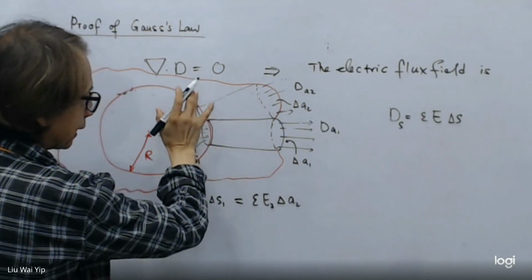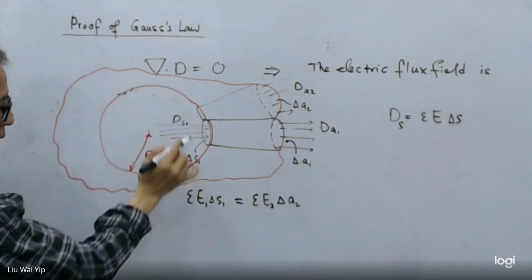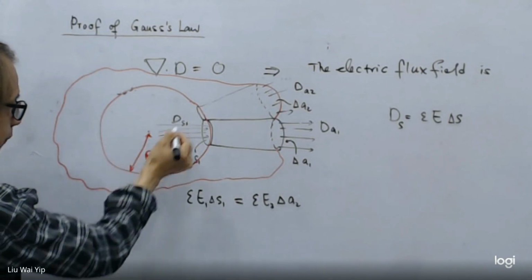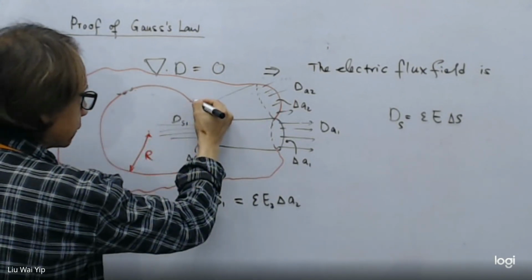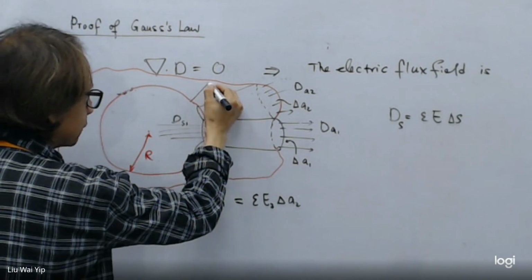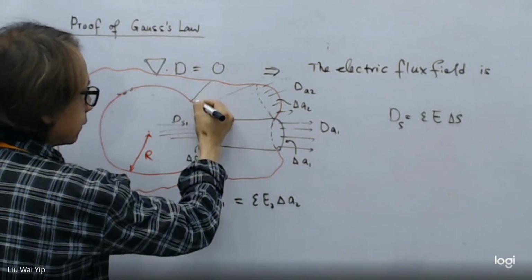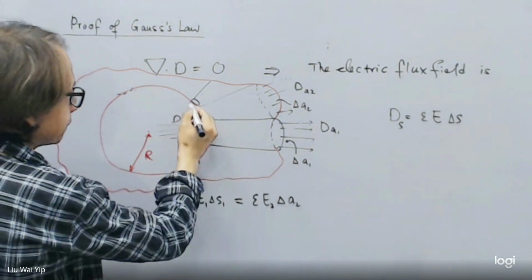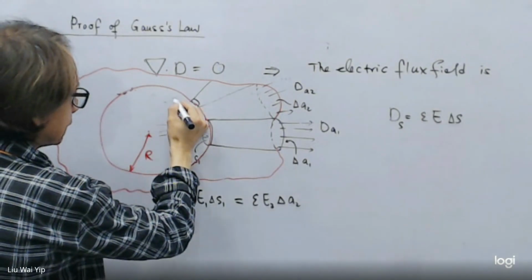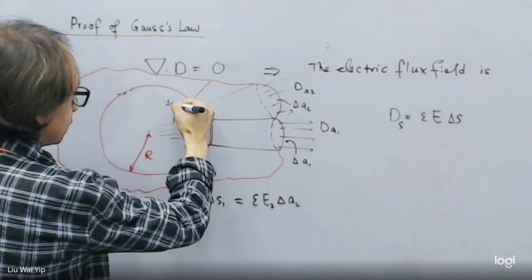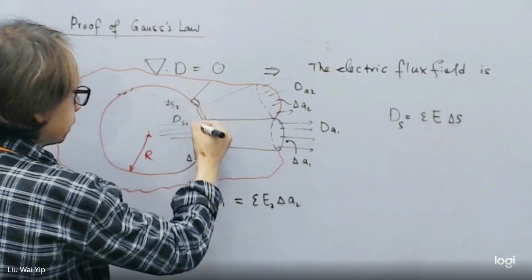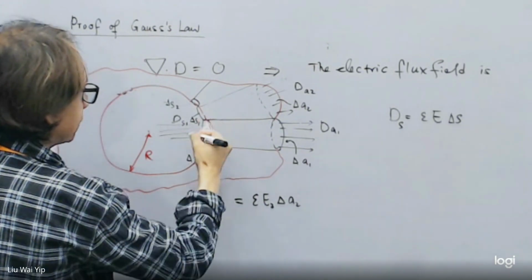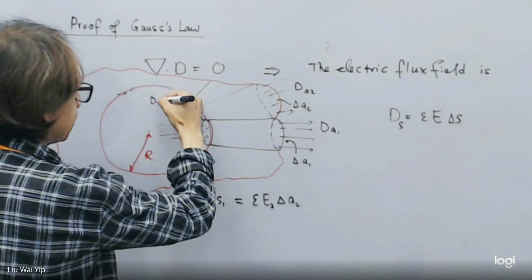Similarly, we can extend the same analogies, the same technique, and we can apply the same treatment to other portions of the same perfect sphere. So for example, I'm going to do this. Here we can have another delta S2. So this is delta S1, and this is DS2.